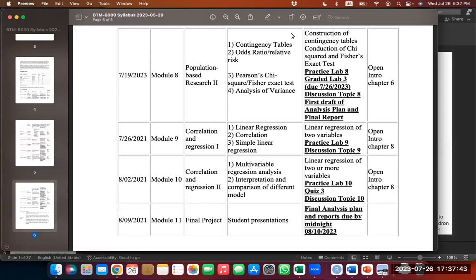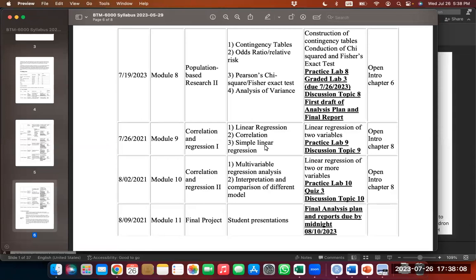We will play around with this a little bit today. And next week, we're going to go to the next level with multivariable regression, where you don't use only 1 independent variable, but several independent variables at the same time to predict 1 dependent variable.